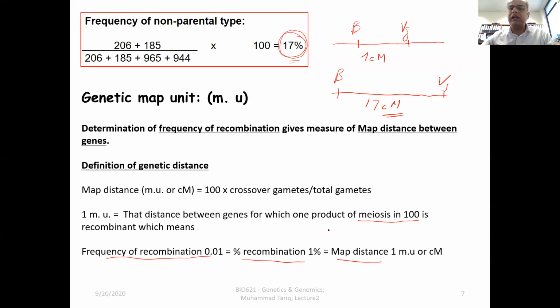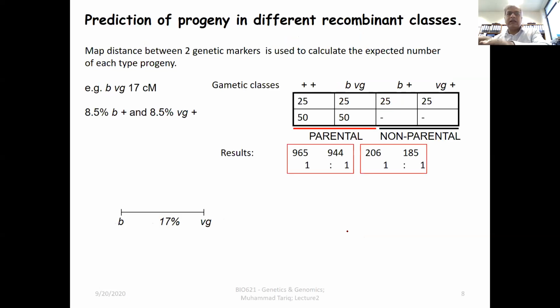So this centimorgan is actually the map distance. So this is what we saw last time.